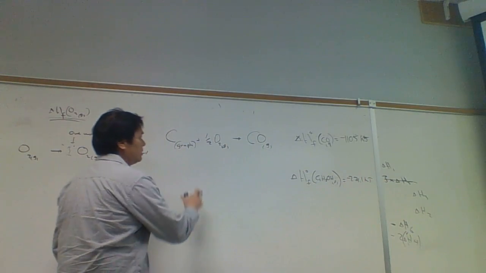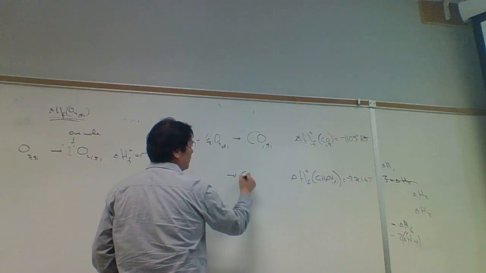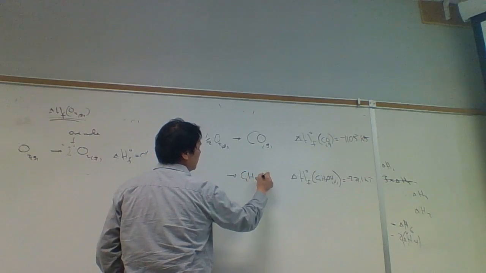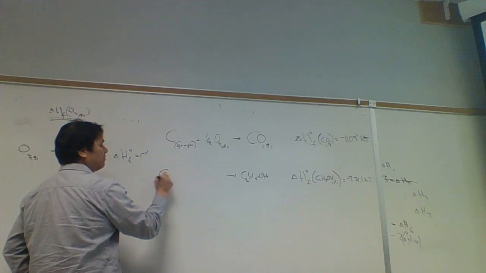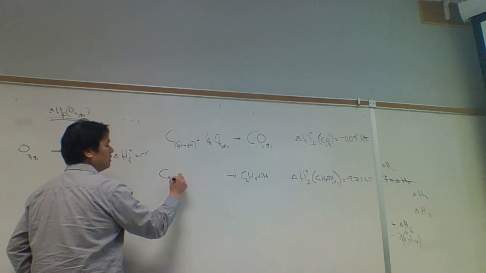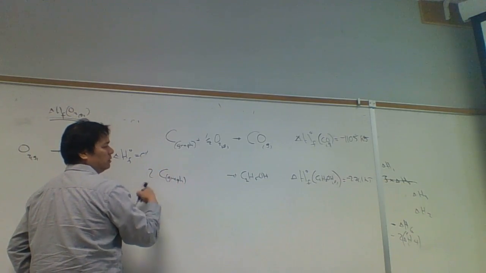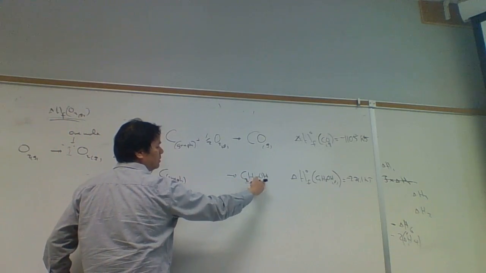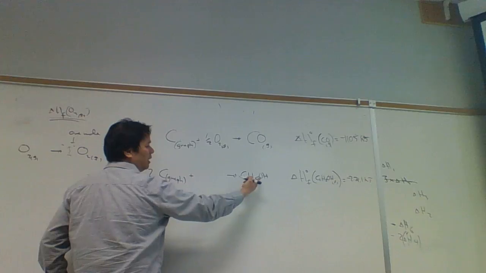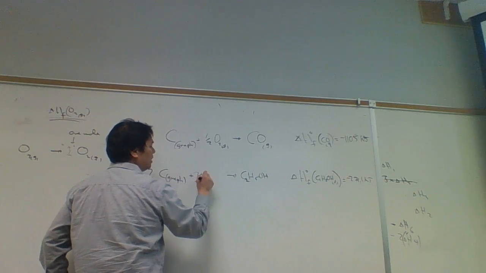What that's going to be is we're going to form 1 mole of ethanol, C2H5OH, from the elements. And so we need carbon, graphite. How many moles of carbon graphite do we need? We need 2. We have 2 carbons here. And then hydrogen is H2. We have 6 hydrogens, so we'll need 3 H2s.